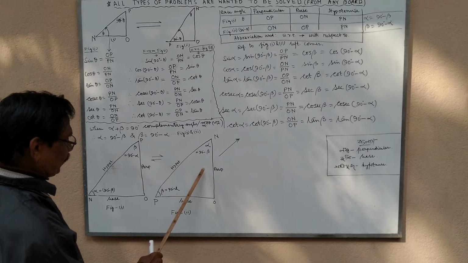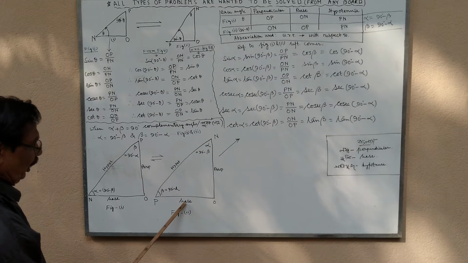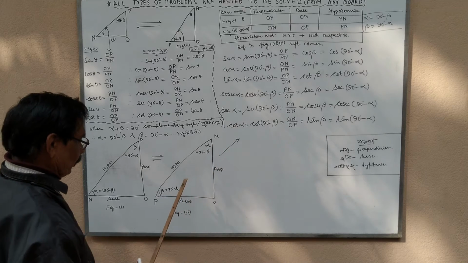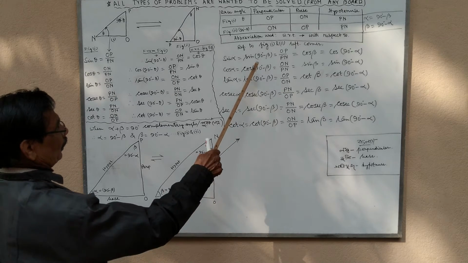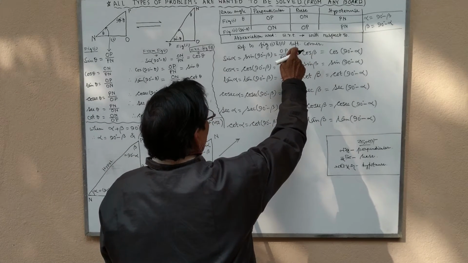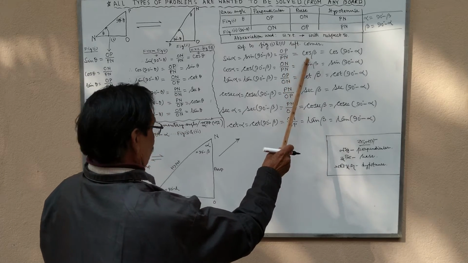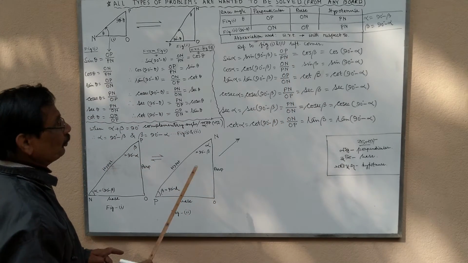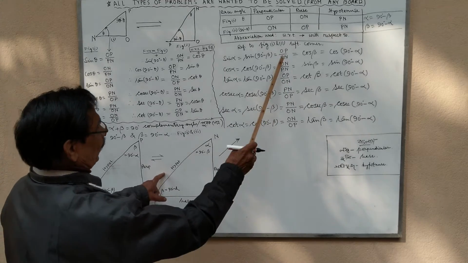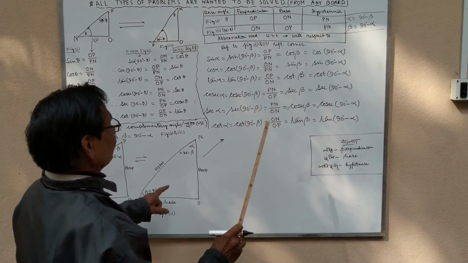With respect to the same figure, OP is the base and PN is the hypotenuse, so it is OP by PN, from the second figure, it is cos beta. Cos beta equals base by hypotenuse. Base is OP and the hypotenuse is PN.